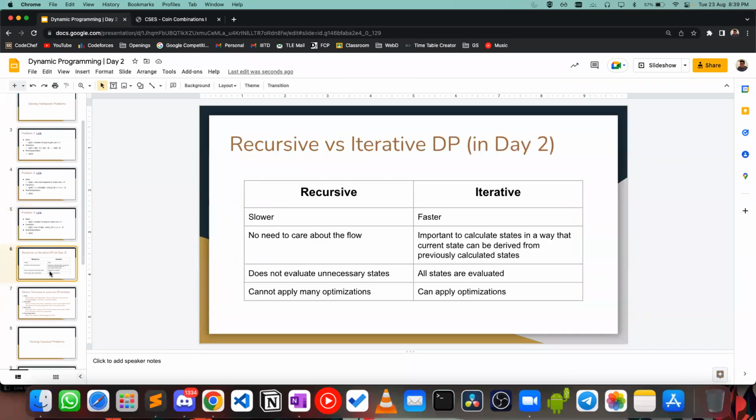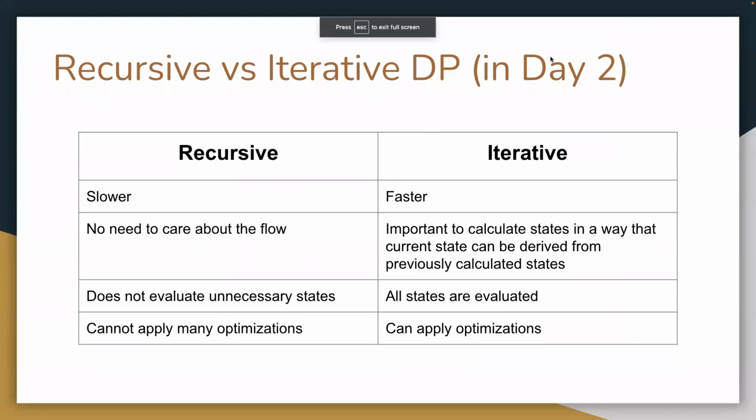So now let's talk about recursive versus iterative DP. First of all, tell me all the problems that you've solved till now. We have solved, I guess, 6 problems. Did we solve them iteratively or recursively till this point?